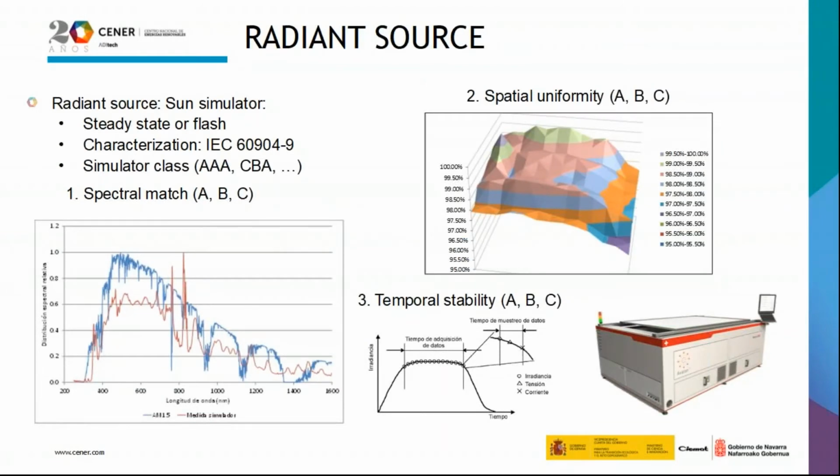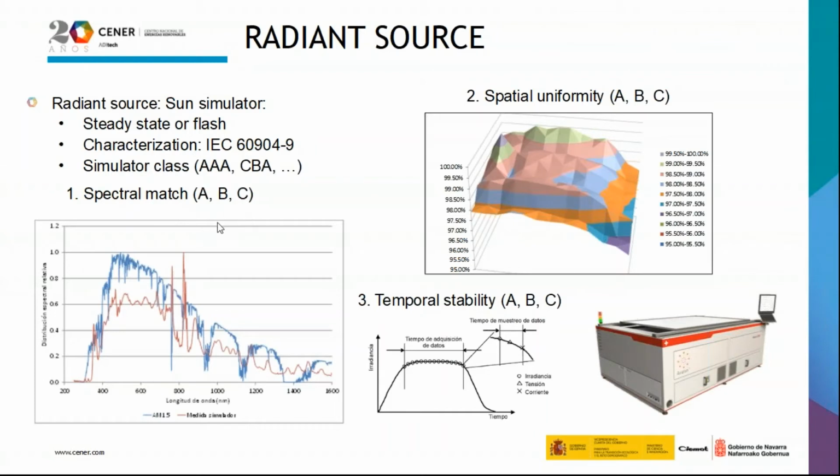So regarding the radiant source, usually in the labs a sun simulator is used, and usually it is a flasher. It has to be characterized according to this standard. The result of the characterization is a simulator class that is defined by 3 letters, for example AAA or CBA or whatever. What is the meaning of the letters? The first letter is related to the spectral match.